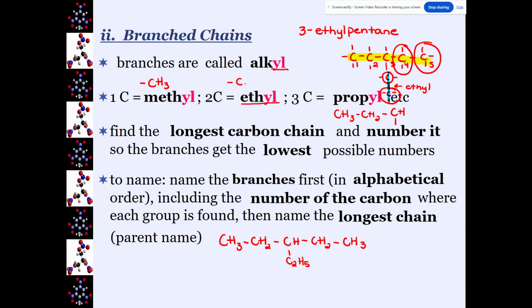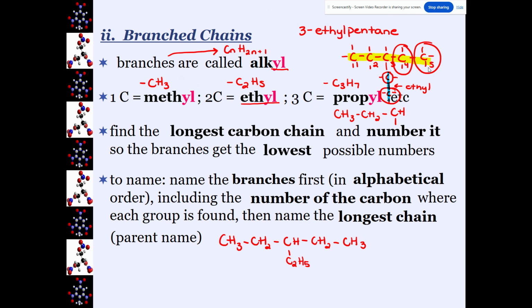Ethyl condensed is C2H5. Propyl condensed is C3H7. Very similar to the formula for the overall compound, but it's just double the number of hydrogens plus 1, because the other bond of that carbon branch is bonded to the rest of the carbon parent.